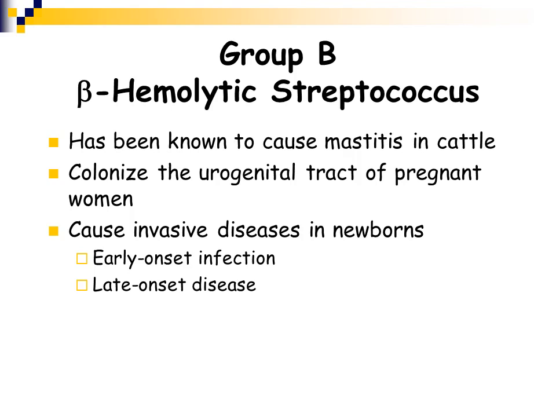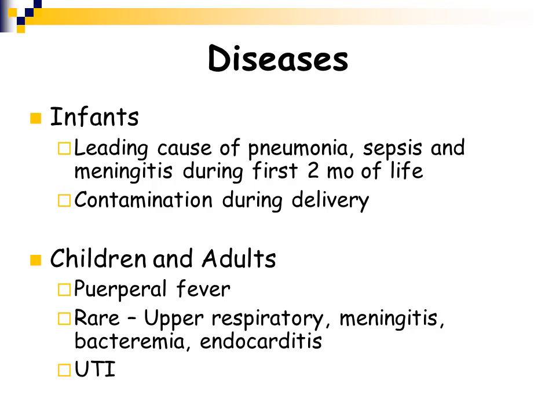It can cause an early onset infection in newborns or a later onset disease. In infants, Streptococcus agalactiae is the leading cause of pneumonia, sepsis, and meningitis during the first 2 months of life, and this is usually due to contamination during delivery from the urogenital tract to the newborn baby.